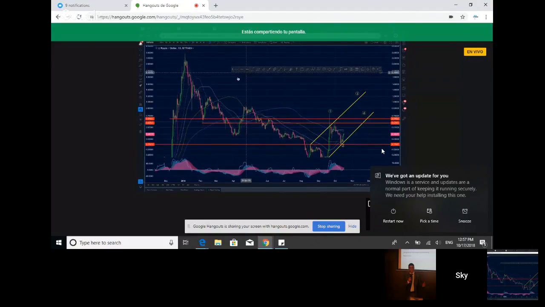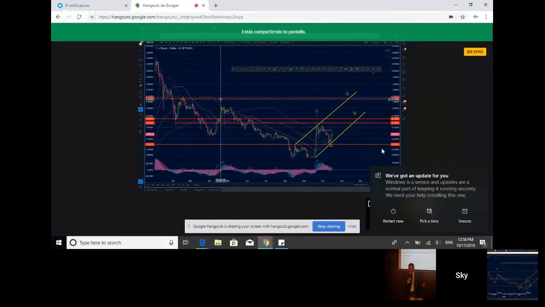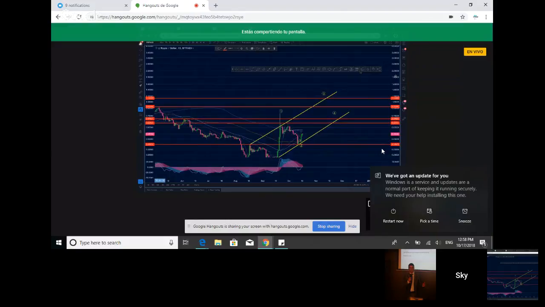This resistance level is also important. It's about $1, near the $1 zone. So important resistance as well. So probably we will see Ripple at $1 again in maybe 2019. So this is the prediction for Ripple.